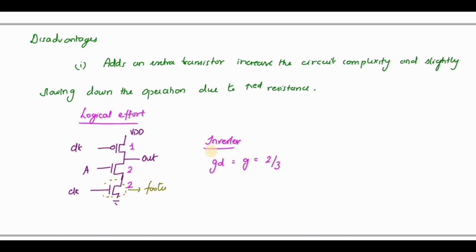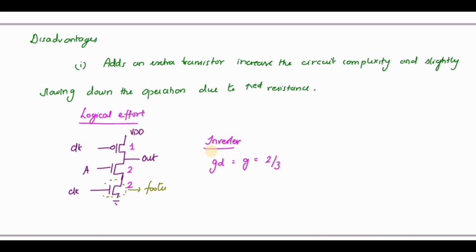Let us discuss the logical effort of footed dynamic CMOS logic for an inverter. For an inverter, you connect one transistor, that is A. You can see how to size it: for the PMOS, it must always be 1.